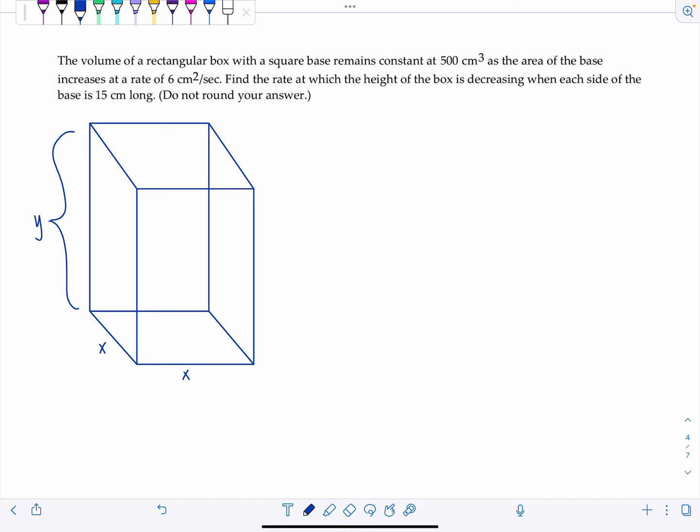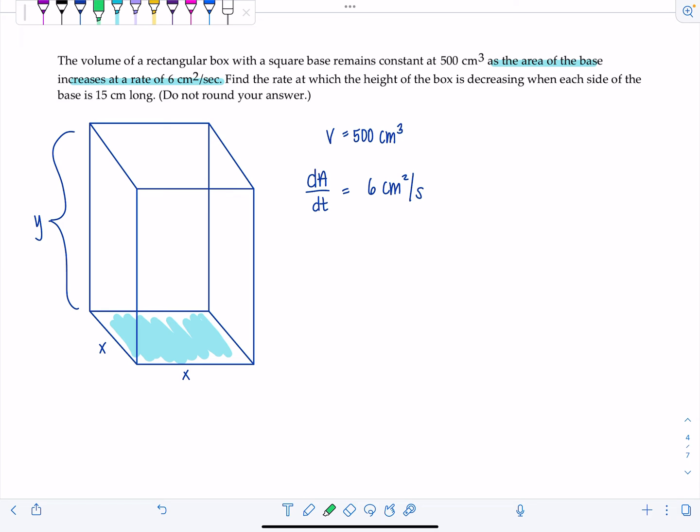It says the volume remains constant. So the volume is always 500 centimeters cubed as the area of the base, okay, increases at a rate of 6 centimeters squared per second. So the rate of change of the area of the base, I'll just call that dA/dt, equals 6 centimeters squared per second.